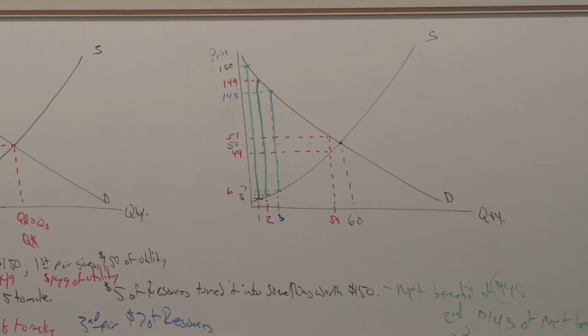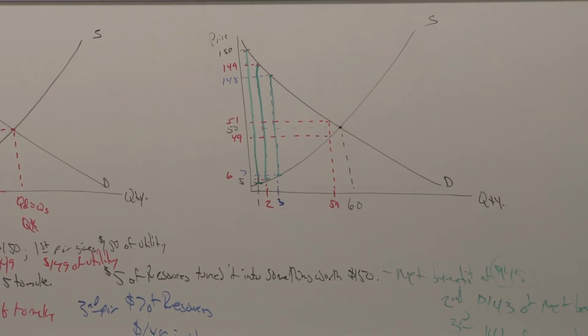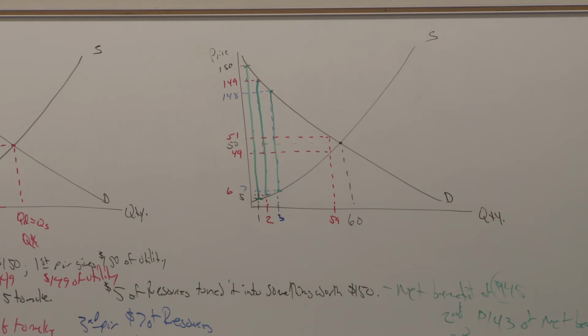What's happening here with gene pair number 59? It costs $49 to make. It's worth $51. Exactly.